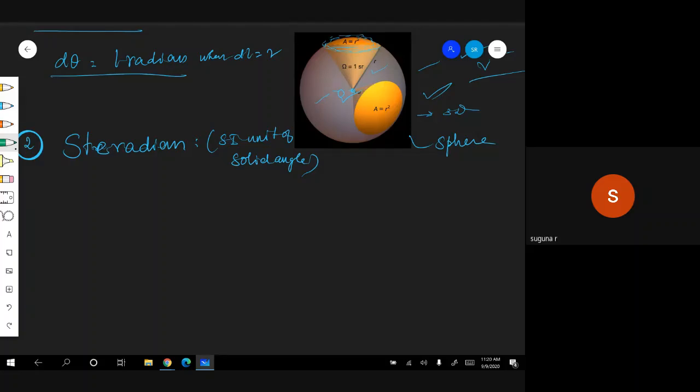Anyhow, we'll see. Now we are going to see some important practical units. Practically, what are all the units we are using? Very large macroscopic units and very small units, which are used in our day-to-day life, in every experiment. Some important practical units.